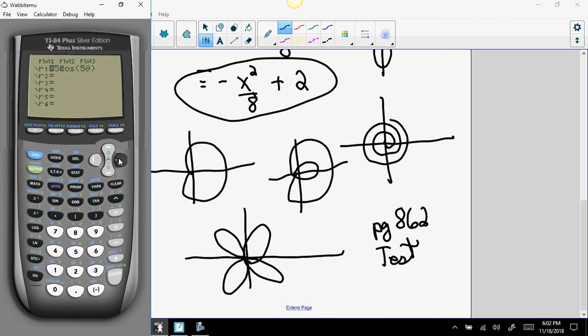I think when you switch it to a 6, it graphs 12 leaves. 1, 2, 3, 4, 5, 6, 7, 8, 9, 10, 11, 12. Pretty cool.